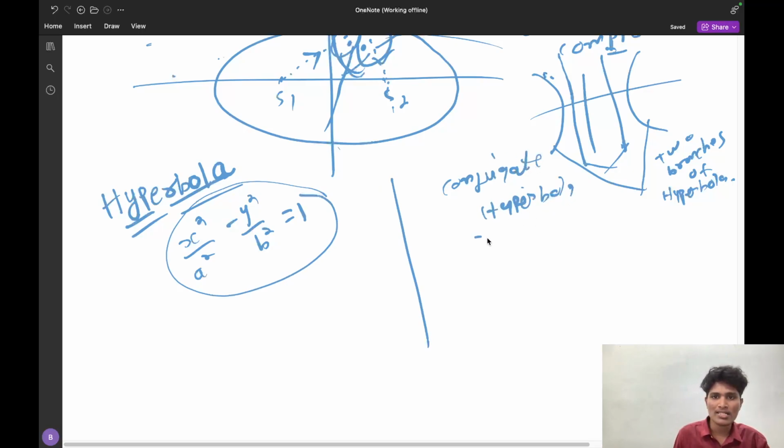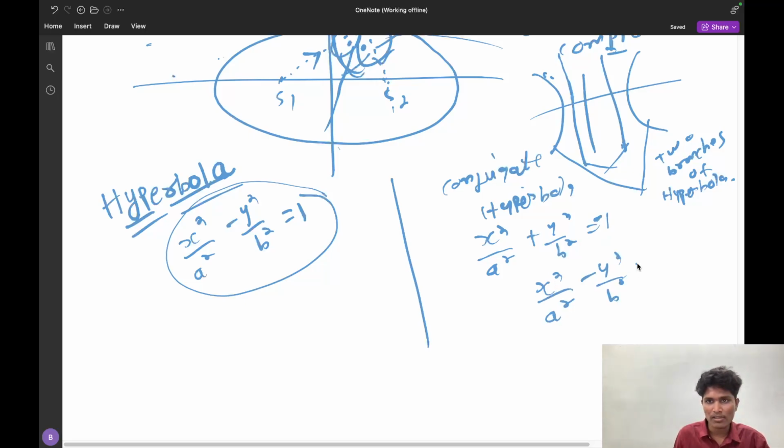The conjugate hyperbola is x square by a square minus y square by b square equal to minus 1. You can think like this. These 2 are the equations.